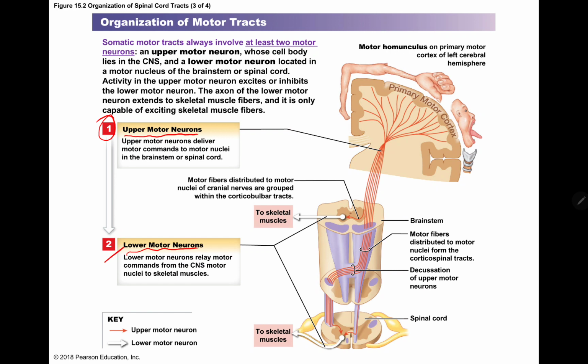The axon of the lower motor neuron extends to skeletal muscle fibers, and it's only capable of exciting skeletal muscle fibers. And again, this is the somatic motor tracts.